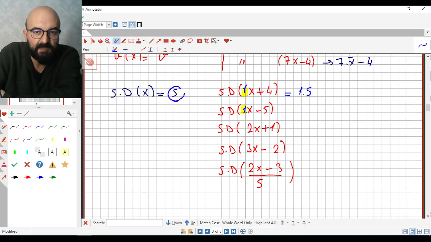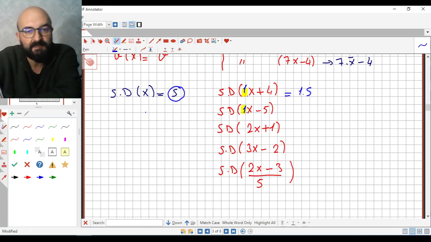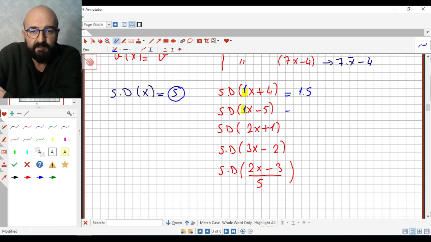Please remember that we set the standard deviation of x as s, and the standard deviation of x minus 5 is 1 multiplied by s. Please notice that the standard deviation of 2x plus 1 is 2 multiplied by s.